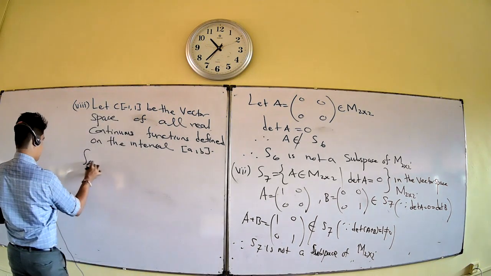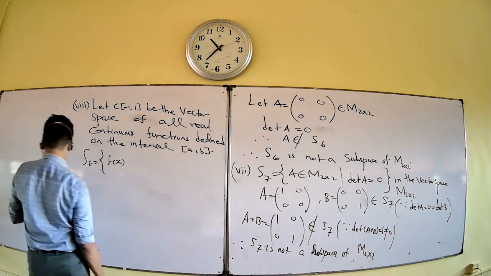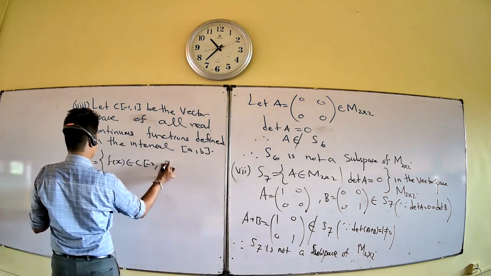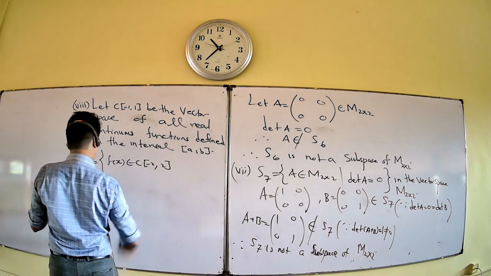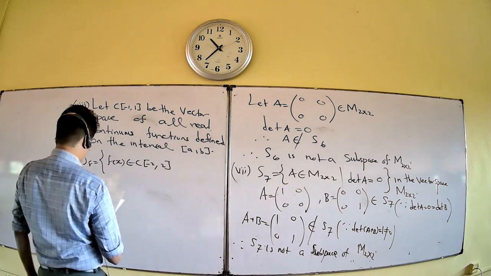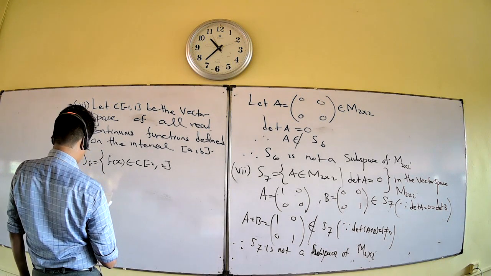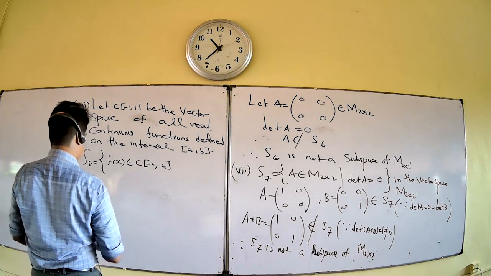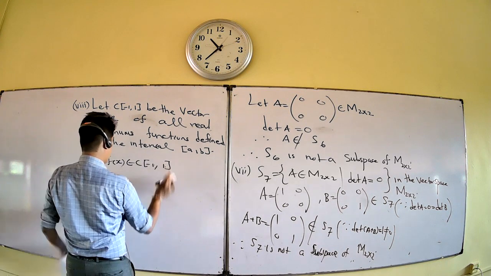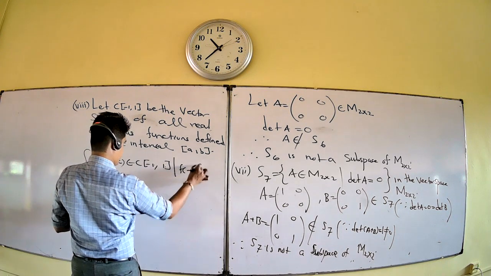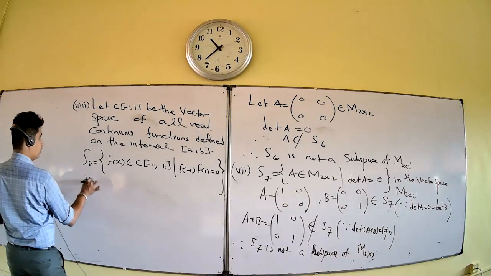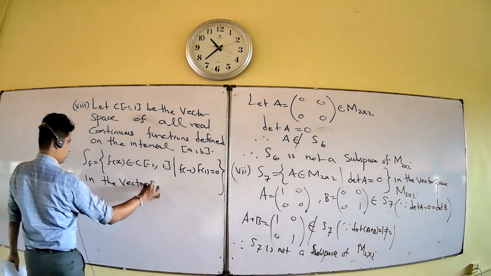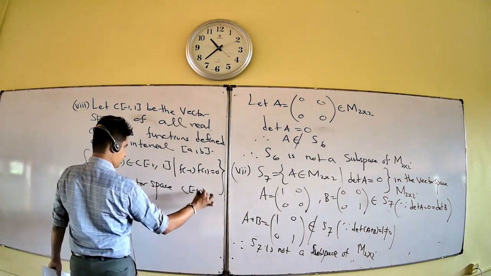So S8 is given as f of x belonging to C of minus 1, 1, satisfying f of minus 1 and f of 1 equal to 0, in the vector space C of minus 1, 1.